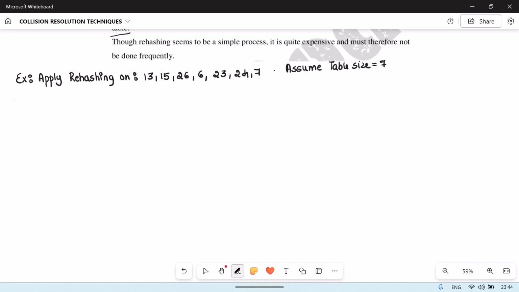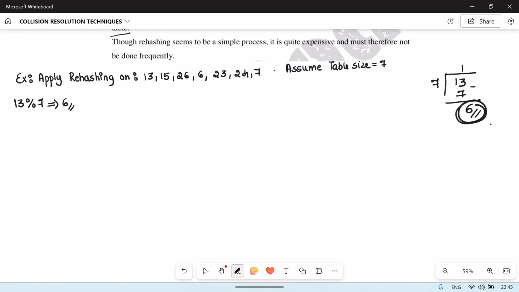So we will first do 13 mod 7. 13 mod 7 will give me 6, since 7 times 1 is the nearest, so 6 will be the value.